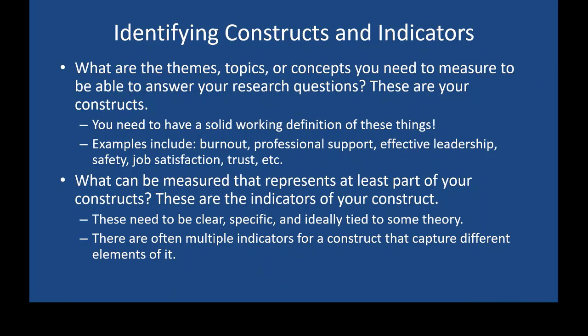Ideally, you want them tied to some theory, and by that I mean if you have this strong definition of what the construct is, all of your indicators need to be related to the definition of that construct. And most of the time, you'll wind up getting multiple indicators for a construct, and each of these indicators captures a different element, a different component, a different facet of your construct.